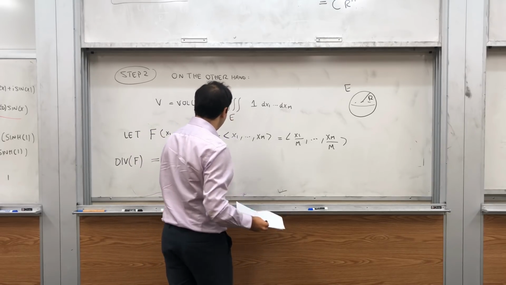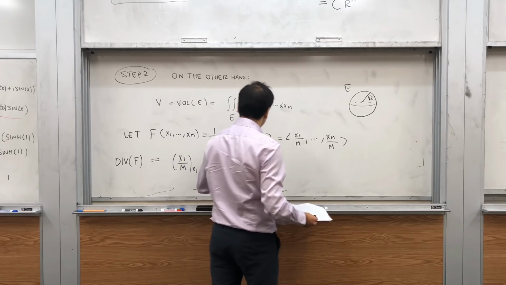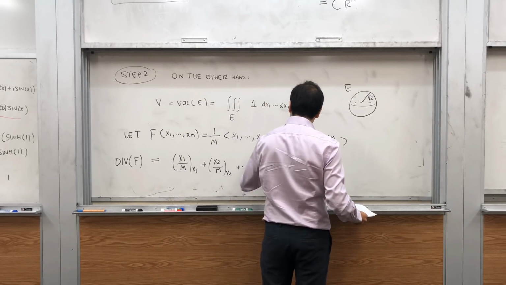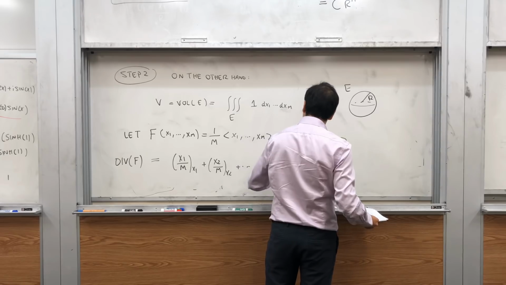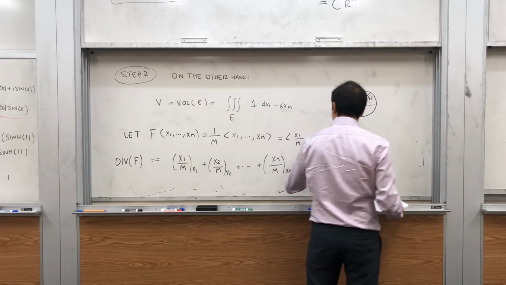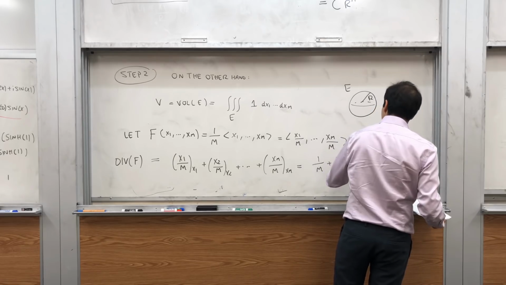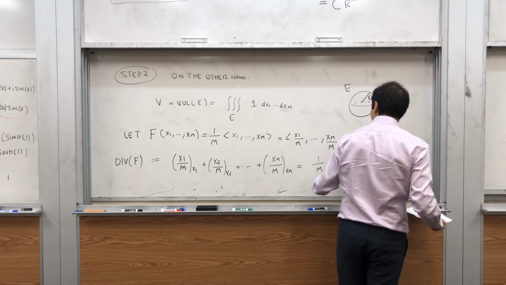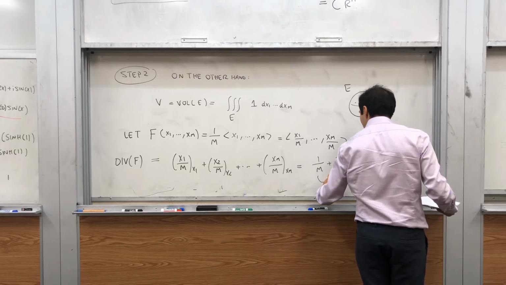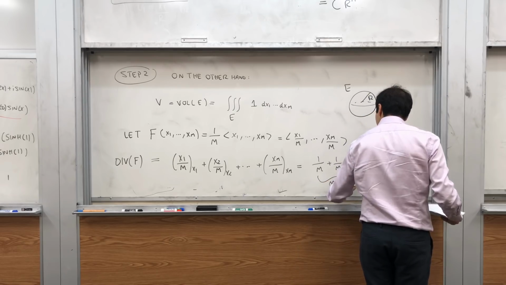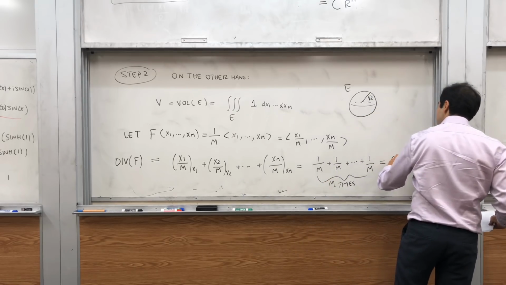The second one, differentiate with respect to x2. Up to the last one, you differentiate it with respect to xm. And what you get is just 1 over m plus 1 over m plus blah blah blah plus 1 over m, m times. And if you do this m times, you get 1.